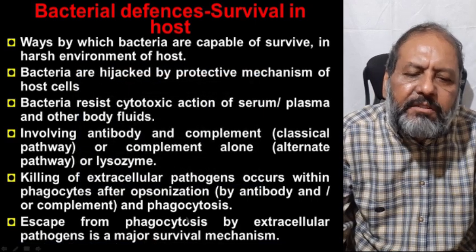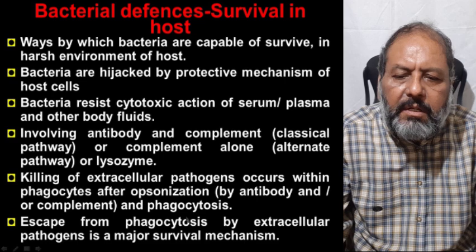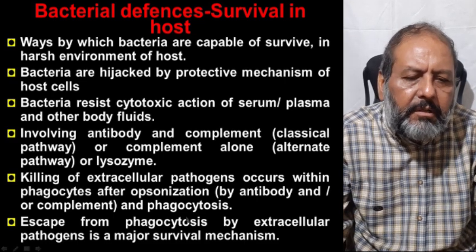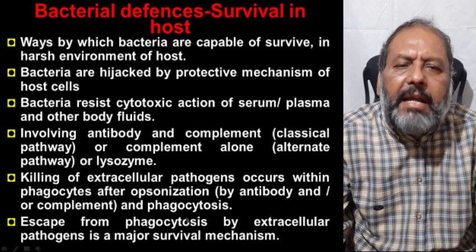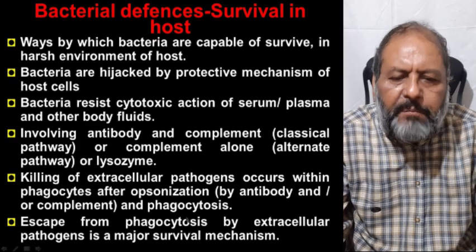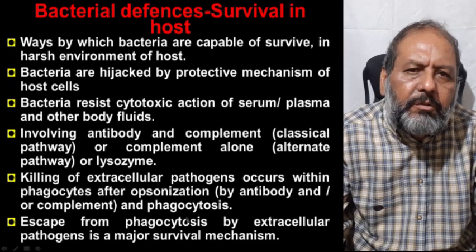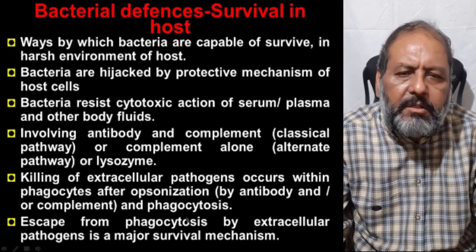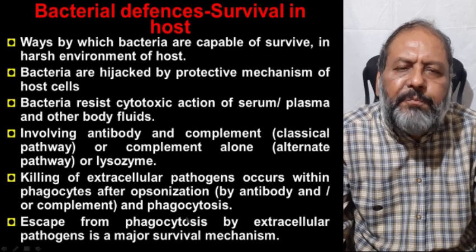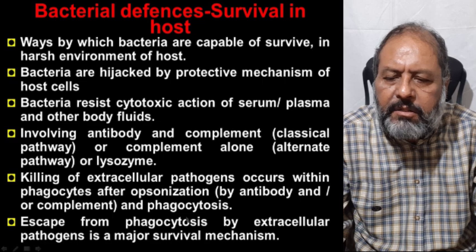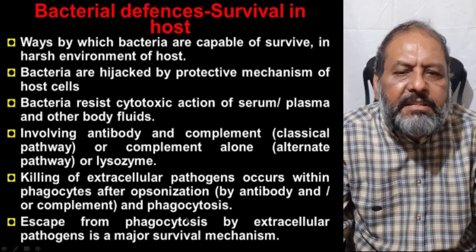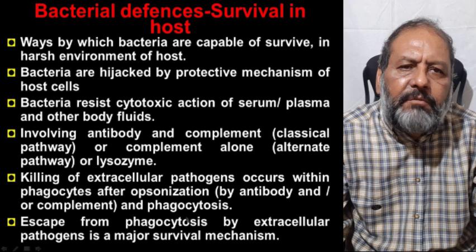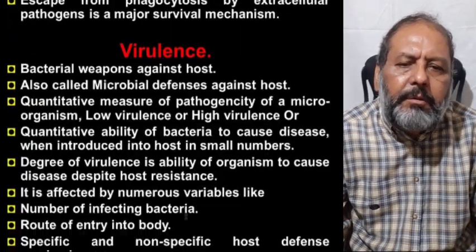The killing of extracellular pathogens occurs within phagocytes after opsonization by the antibody and/or complement, and phagocytosis occurs, which destroys the bacteria. Escape from phagocytosis by the extracellular pathogen is a major survival mechanism by which they can survive and infect the host.